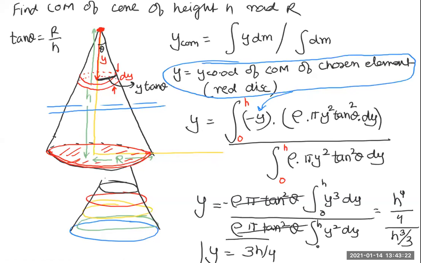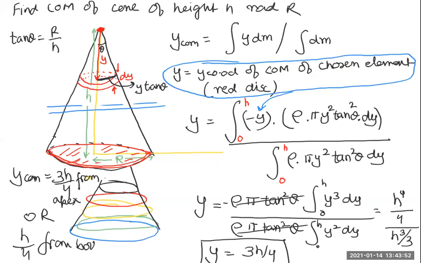That means the y coordinate of center of mass is 3h by 4 from the apex, or h by 4 from the bottom. The h by 3 that was mentioned earlier was for a hollow cone, okay? Not for a solid cone. That was for a hollow cone.